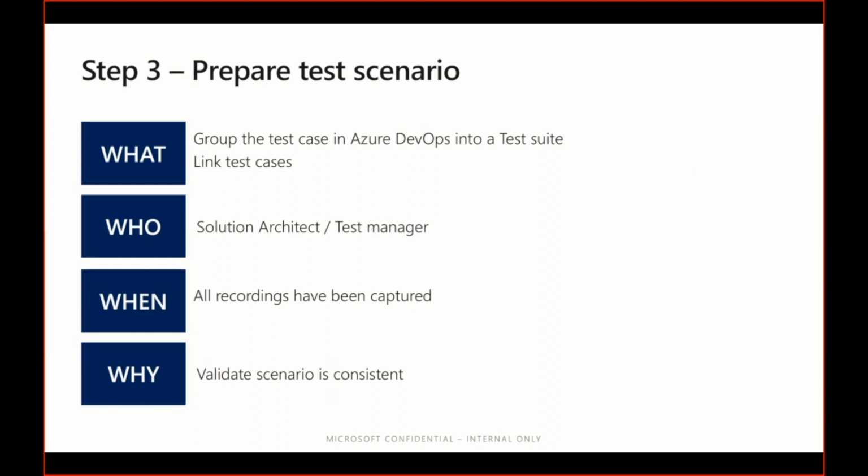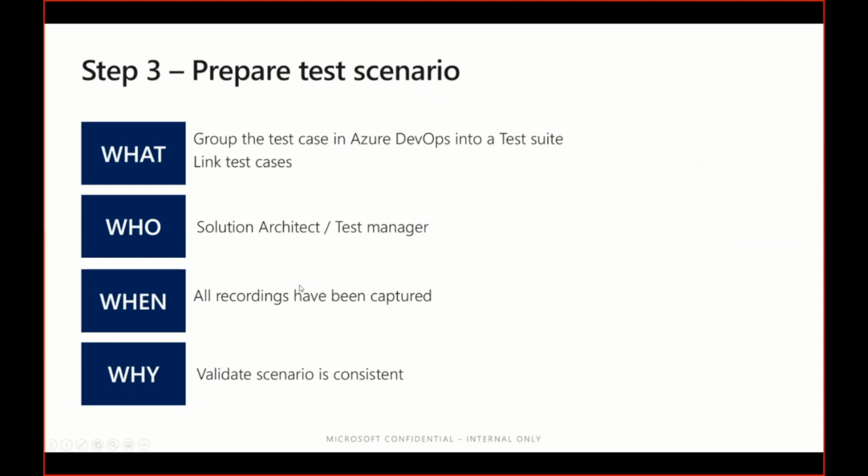The outcome of this step is that we validate that our scenario is consistent. As I was indicating, the two primary things we're trying to achieve are making sure that it can be played repetitively and that we can predict the outcome upfront.